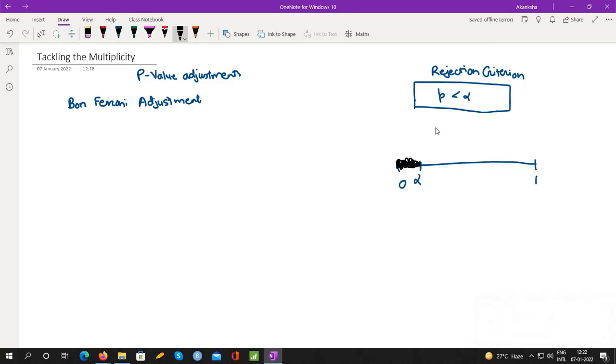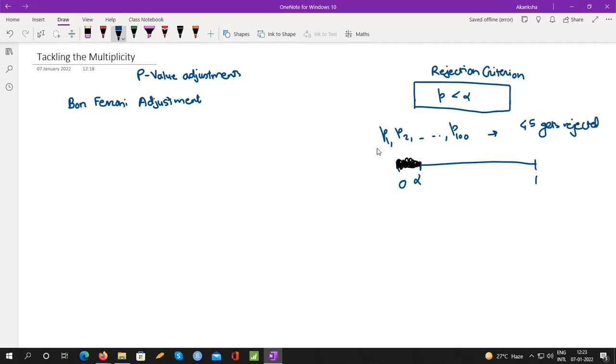Currently my rejection criterion is: if a p value is less than alpha, I reject. Suppose as of now 45 get rejected, just an assumption. I want to reduce the number of p values that get rejected.